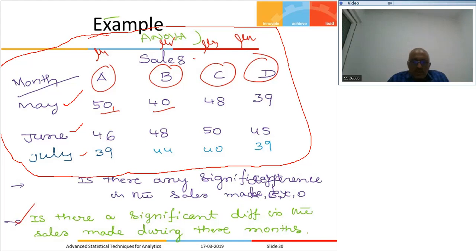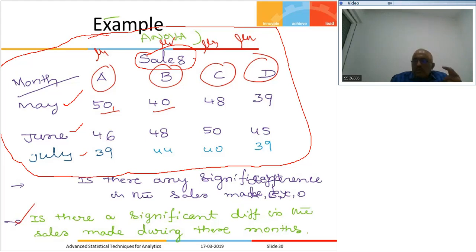One is mu A equal to mu B equal to mu C equal to mu D. The other is mu of May equal to mu of June equal to mu of July. That is two hypotheses or two validations I need to do.